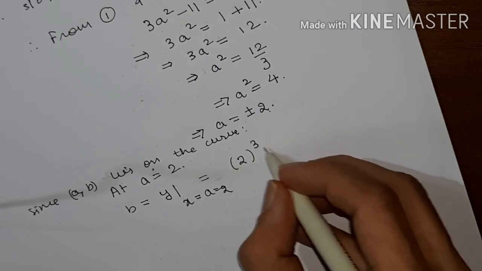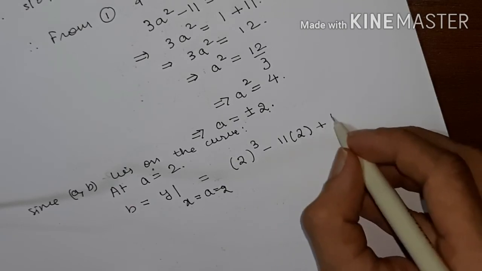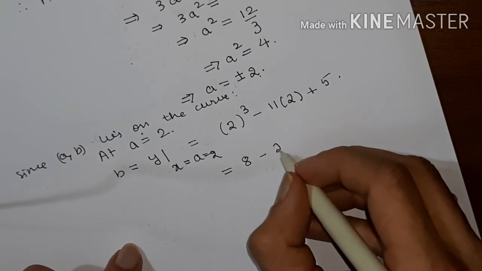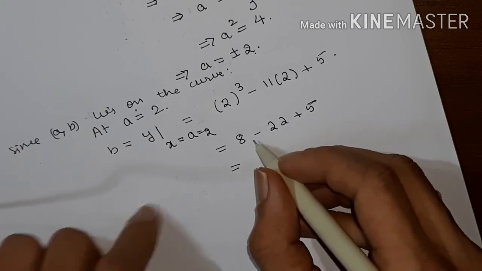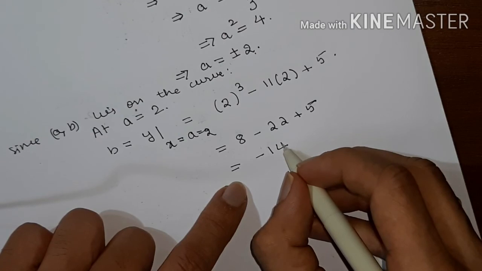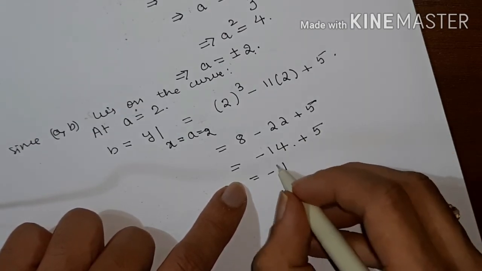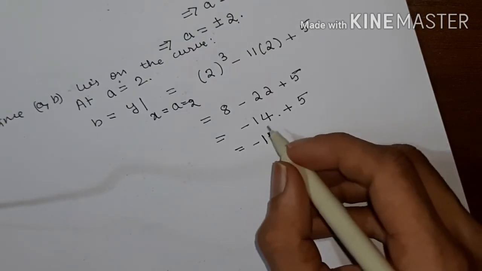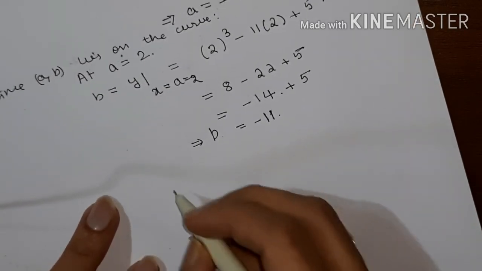You'll get 2 cube minus 11 multiplied by 2 plus 5, that is 8 minus 22 plus 5. 8 minus 22 is minus 14, plus 5, which is minus 11. So b equals minus 11.